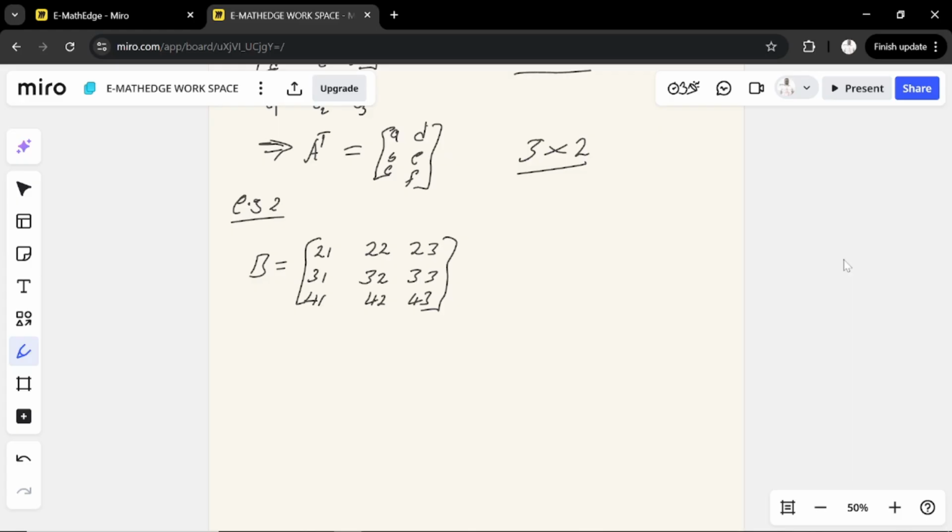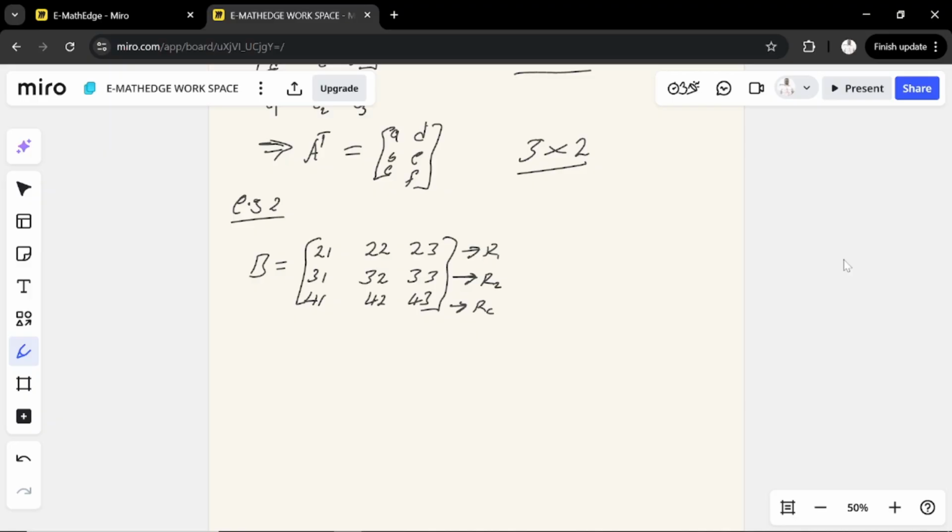Now, if you are to obtain the transpose of this matrix P, the first row will become the first column. The second row will become the second column, right? And the third row will become the third column.